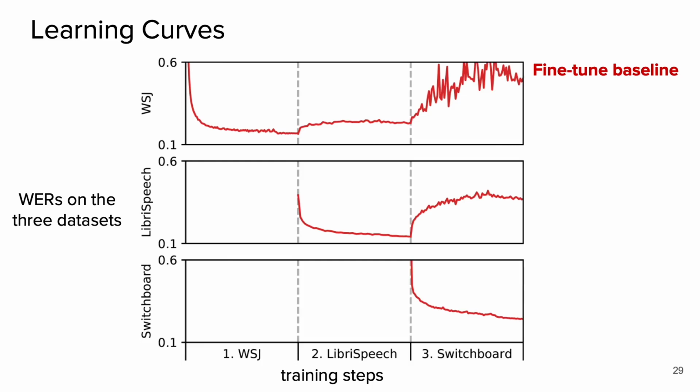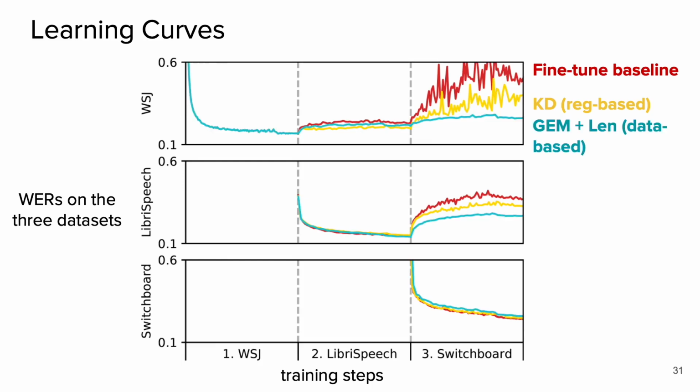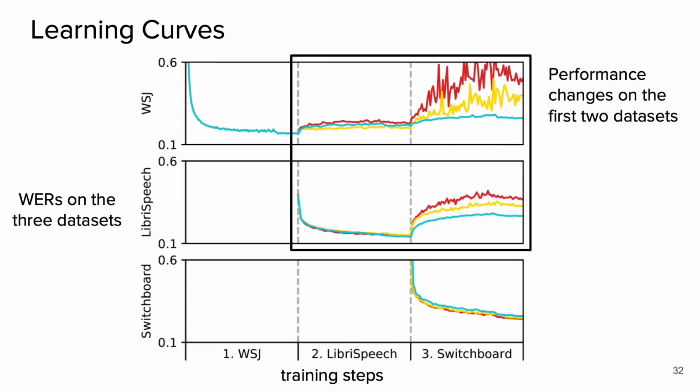The red curves here are the fine-tuning baseline. The yellow ones are knowledge distillation, and the blue ones are GM with the proposed data selection. We focus on the upper right part of this figure to observe the performance changes on the first two datasets.